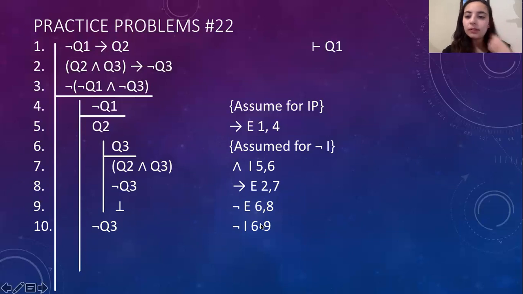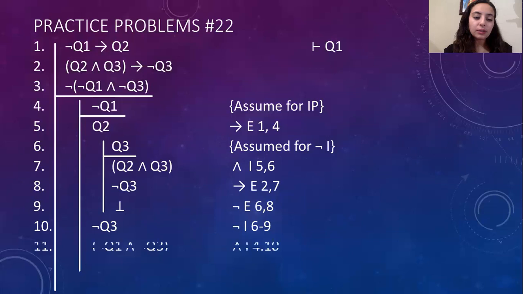Okay, well, why do we need that? Take a look here at our third premise. If we've got a not Q3 and a not Q1 from the fourth premise, then we can later on show a contradiction. So let's try. I've got my not Q3, and then I added not Q1 from line 4, right?